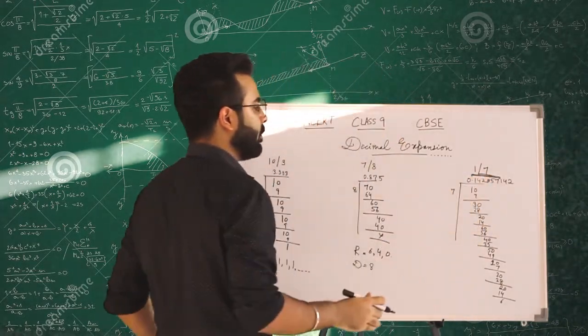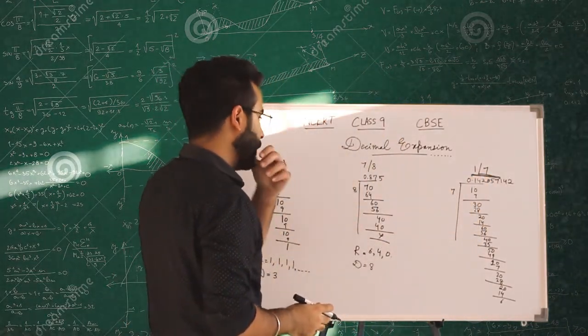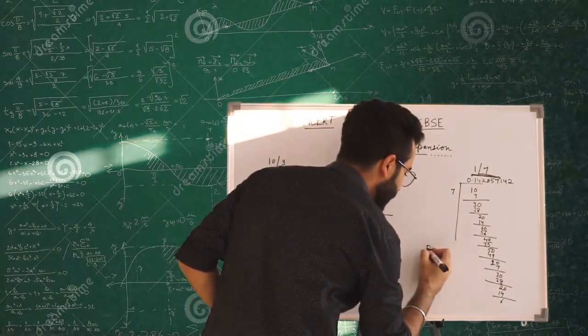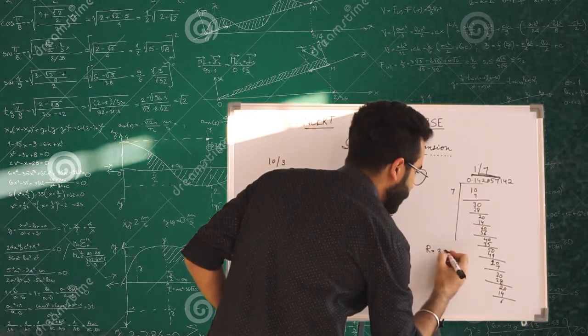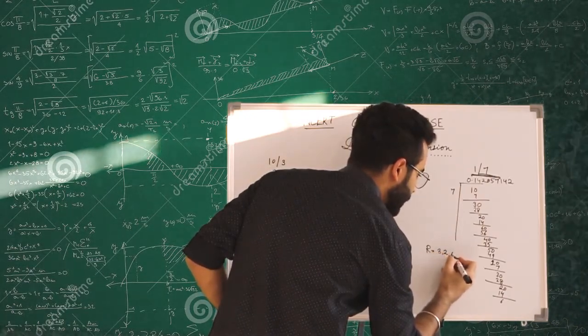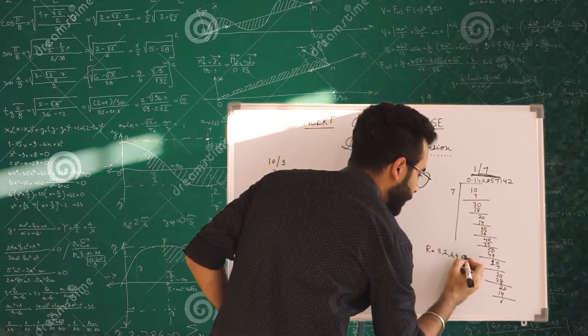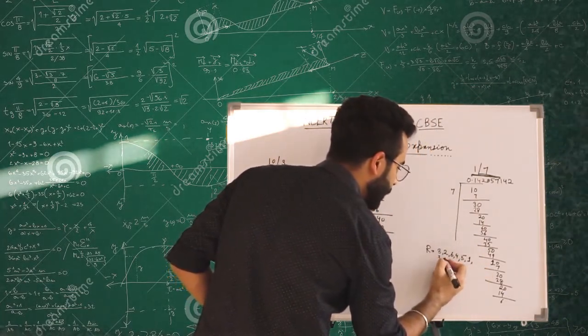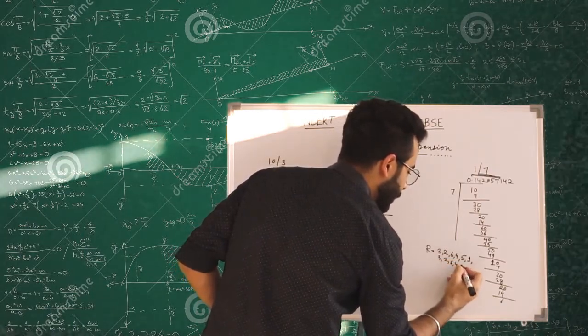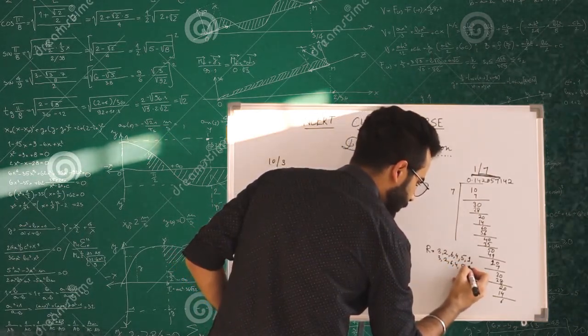Now this is also a recurring decimal, and in this case our remainders are 3, 2, 6, 4, 5 and 1. And if you see, these will keep repeating again: 3, 2, 6, 4, 5, 1.